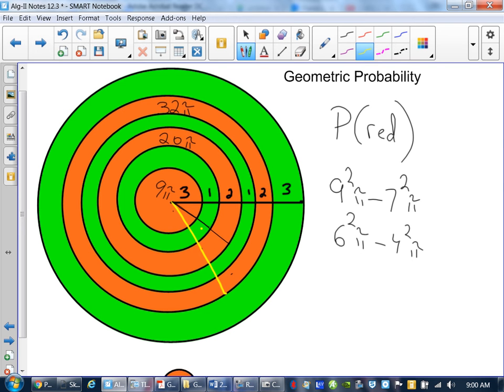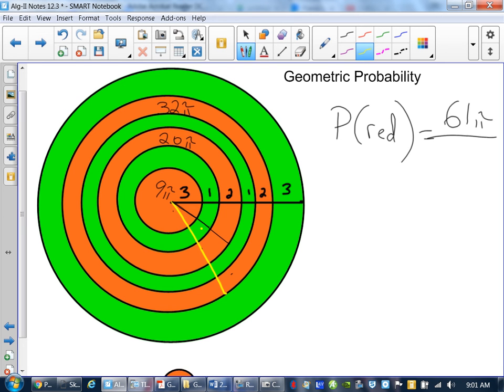So the geometric probability of landing in a favorable region is going to be 32, 20, and 9. Add that together and we get 61 pi. So my favorable region would be 61 pi. Total area has a radius of 12, which gives you an area of 144 pi.